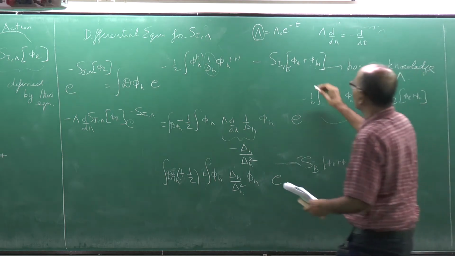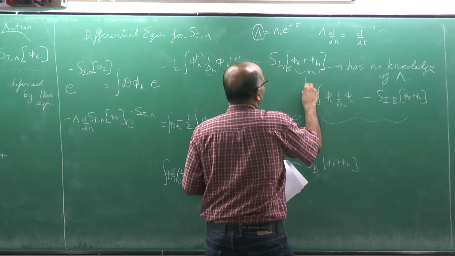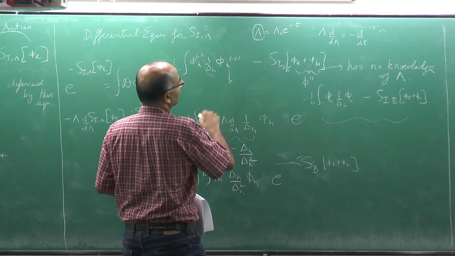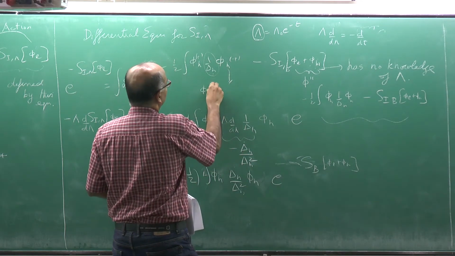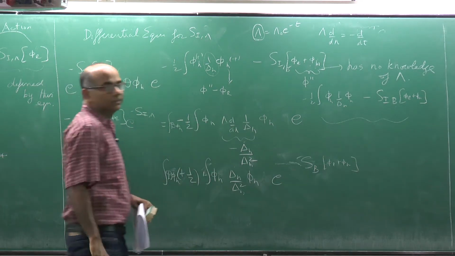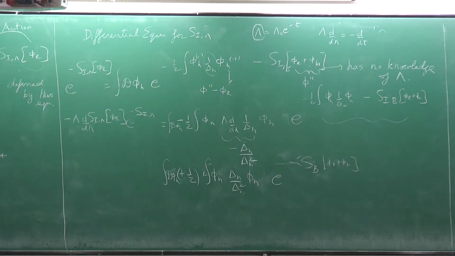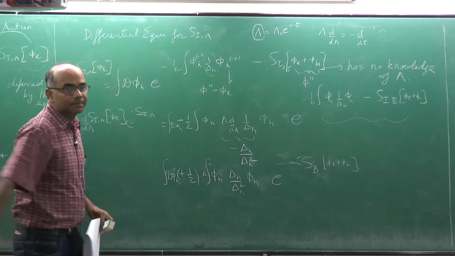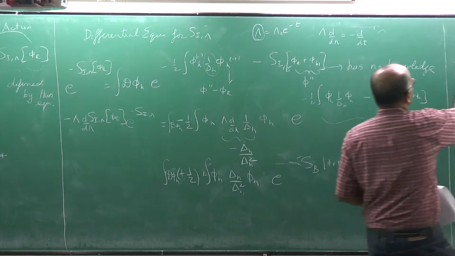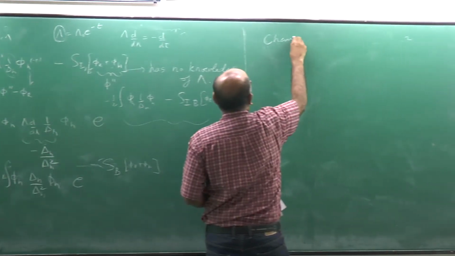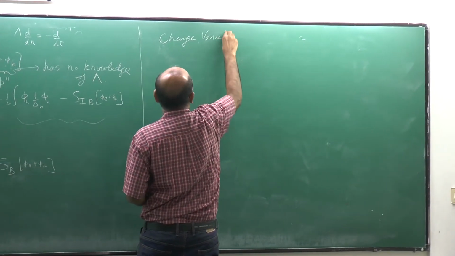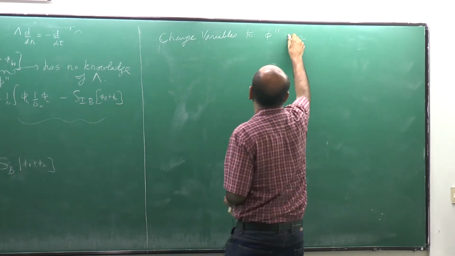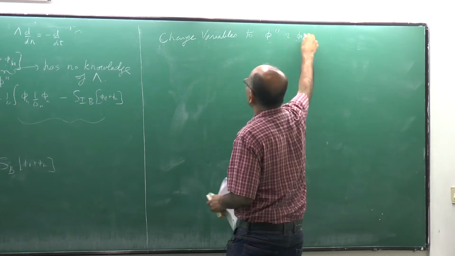I'm going to call this whole thing phi double prime, and this phi h will be called phi double prime minus phi l. Change the variables. And this d phi h I will write as d phi double prime. So change variables to phi double prime and phi l.